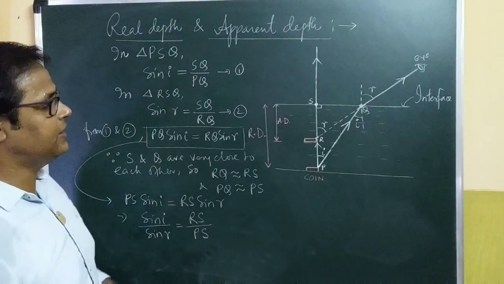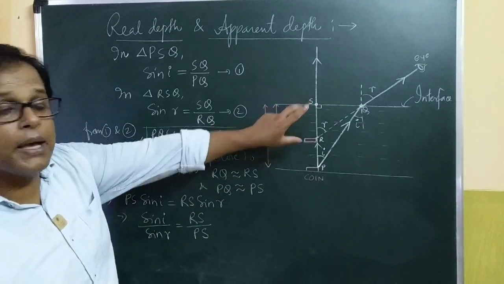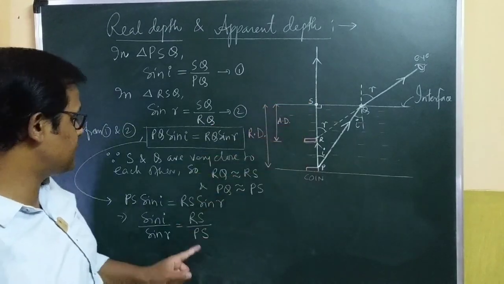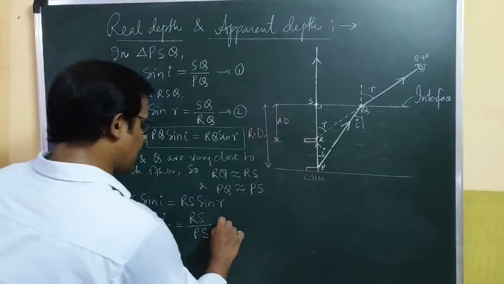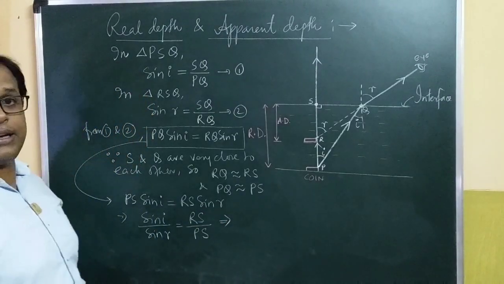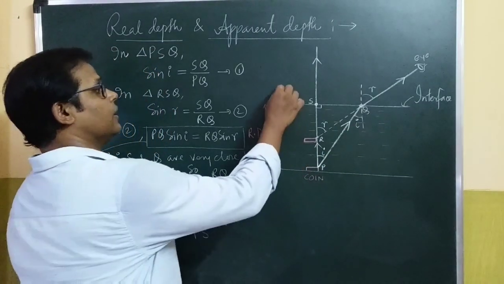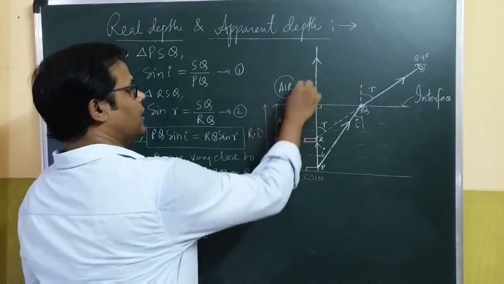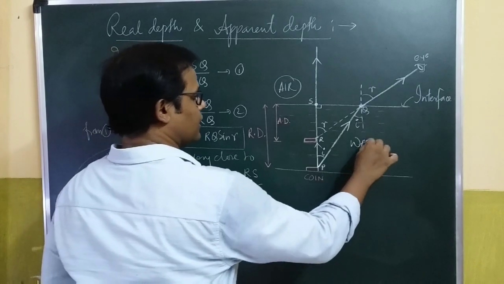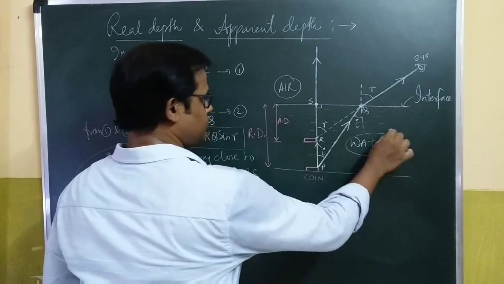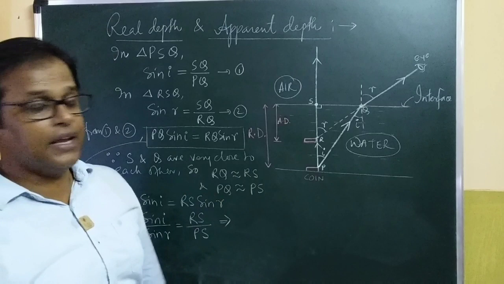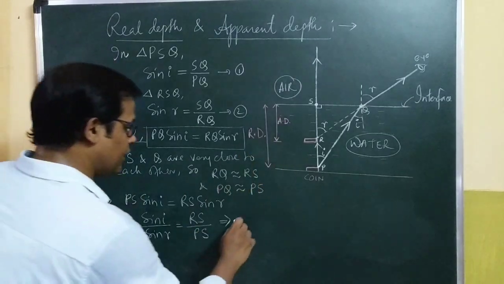What is RS? Yeah, AD, that is my apparent depth. What is this PS? That is my real depth. What is sine I by sine R, my dear? If this is your rarer medium air, and this is your water, denser medium, then if you are taking sine I by sine R, you are literally calculating what?